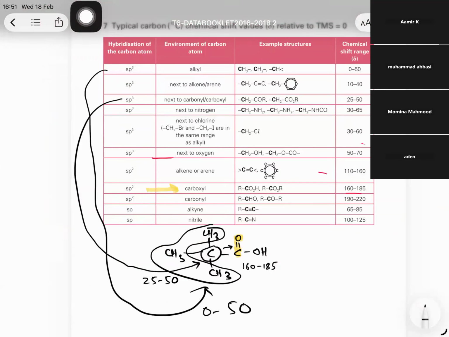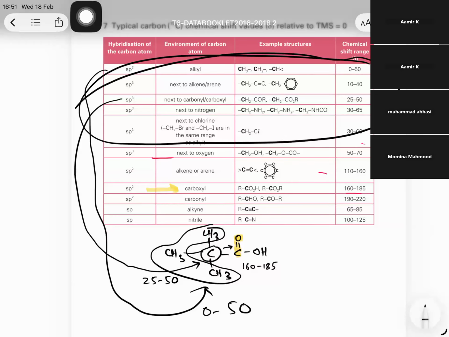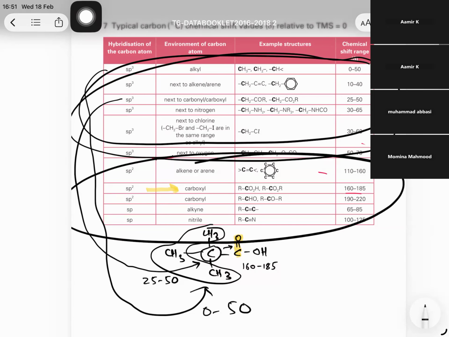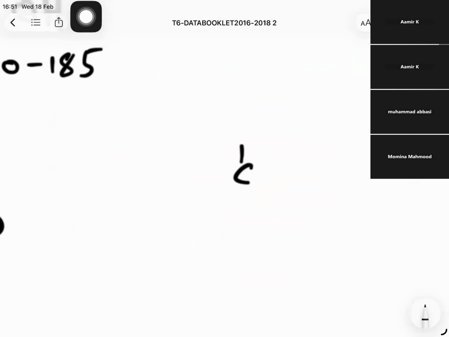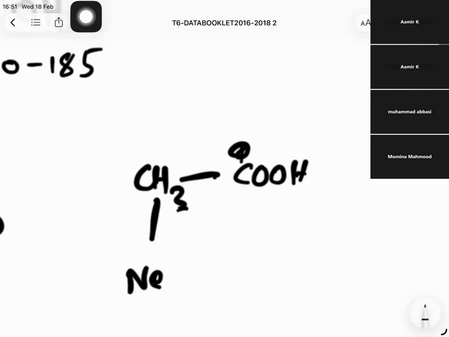Now you got it? So you have to see the carbons which are not part of the functional group, and next to the functional group, they are on the top here, these ones. And then underneath here, these are the ones which are part of the functional group. So if they ask you for the COOH carbon and the CH3, they are asking you next to carboxyl.